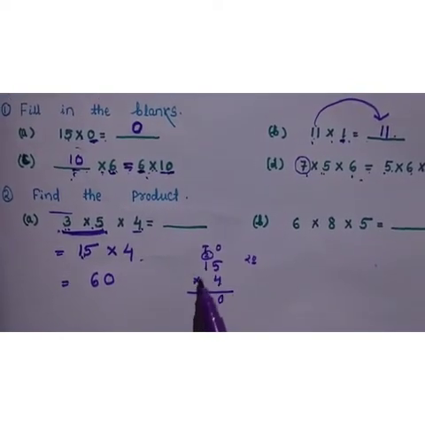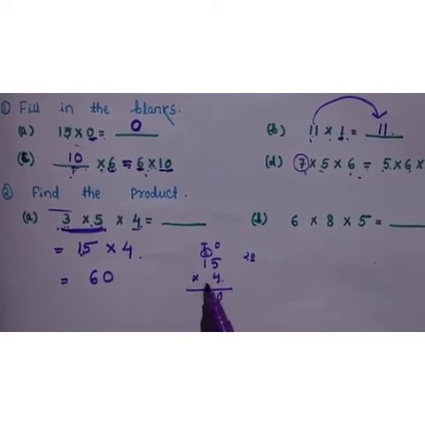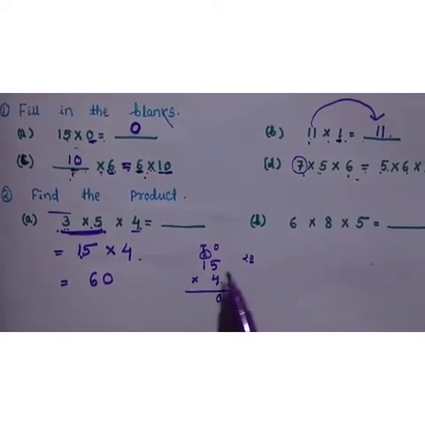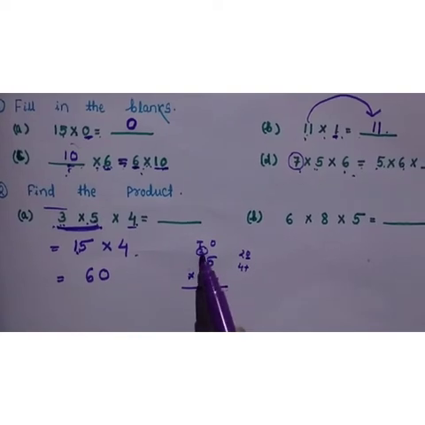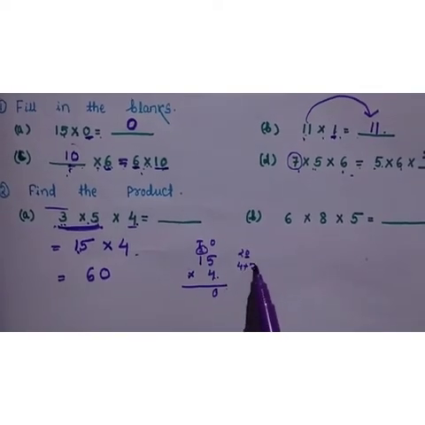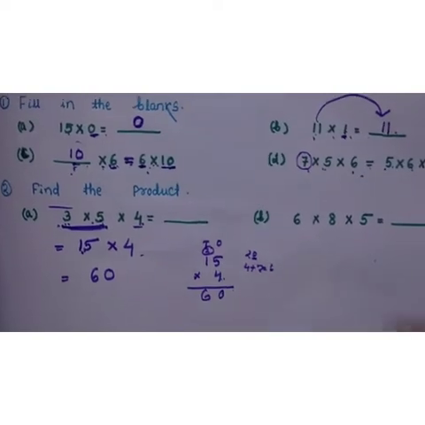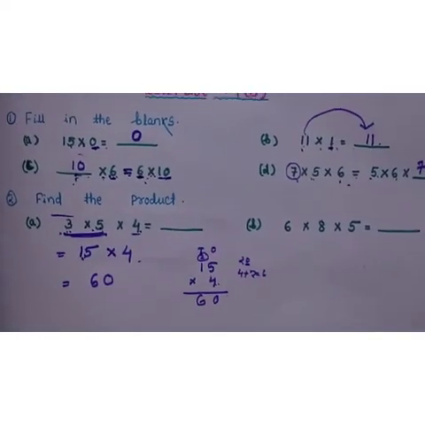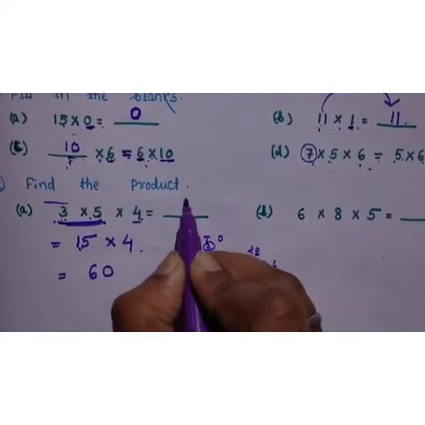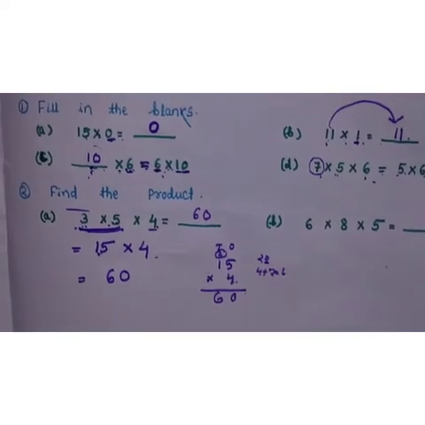Now we multiply 1 by 4 equal to how much? 4. Now we add 4 plus the 2 carry. 4 plus 2 equal to how much? 6. So your answer is 60. Understood? Then in the blanks you just write the answer.